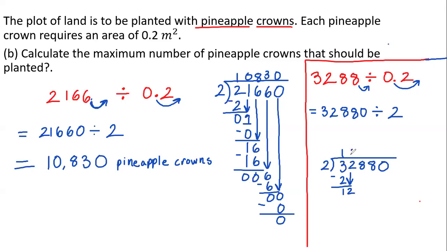All right. I'm just encouraging you. How many times does 2 go into 8? 4 times. 2 times 4 is 8.